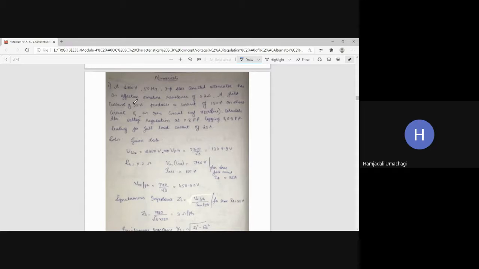So for the same field excitation, open circuit line voltage is 780, and short circuit armature current is 150 ampere. So these two are the SCC test and OCC test results for the same field excitation, 35 ampere. So all of you note down this problem statement.